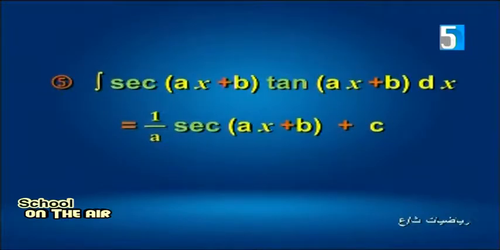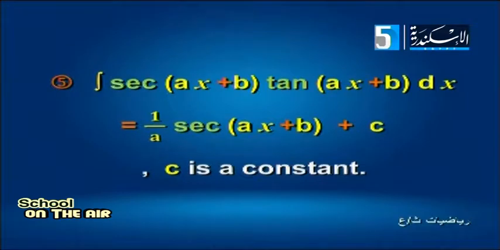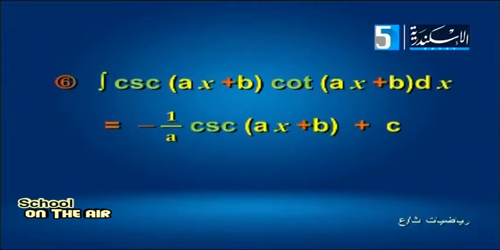Integration number 5, sec ax plus b tan ax plus b dx equals 1 over a multiply sec ax plus b plus the constant c. And the last rule, integration cosec ax plus b cotan ax plus b dx equals negative 1 over a cosec ax plus b plus the constant c.